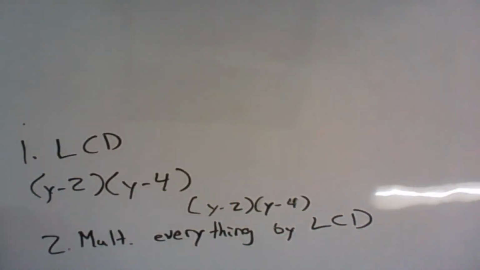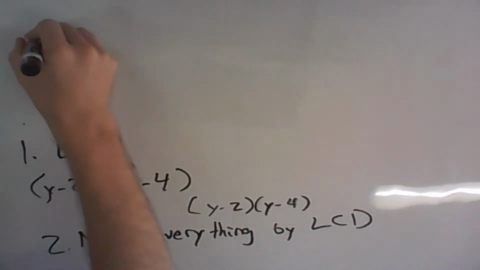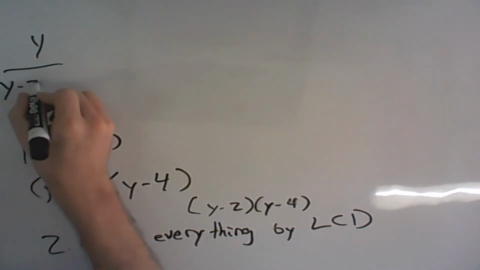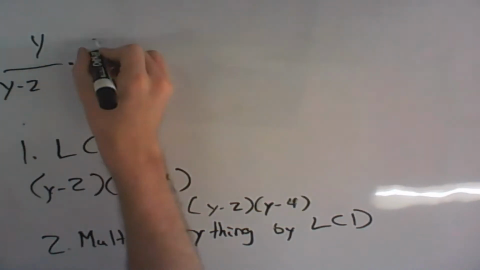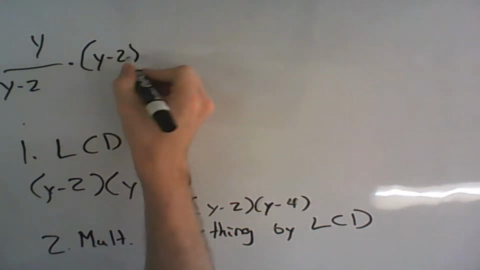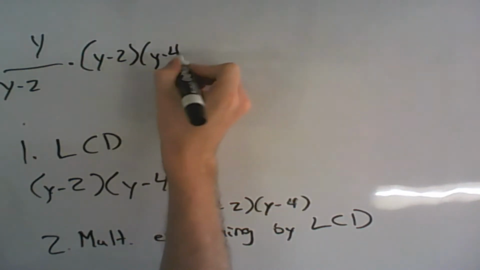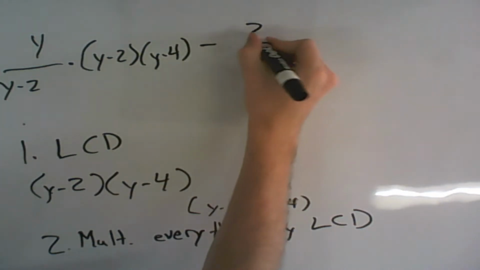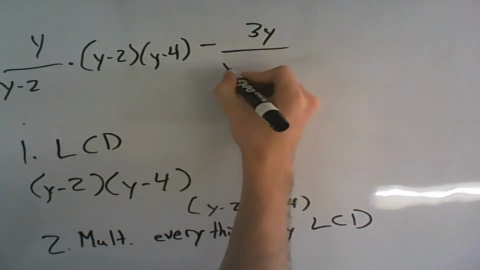Okay? So writing this again, we get y over y minus 2 times y minus 2 times y minus 4, and this is a plus, minus 3y over y minus 4.